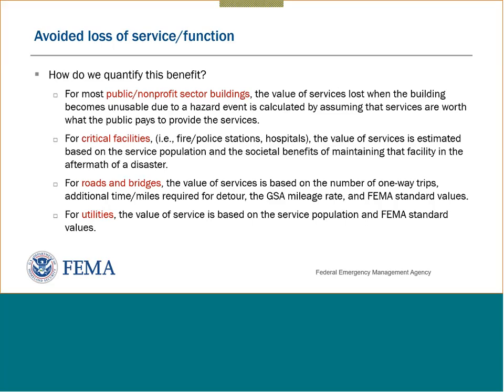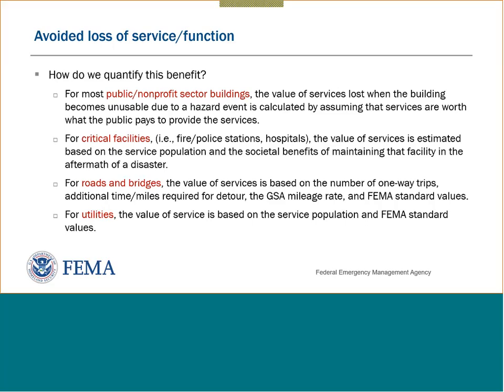It's a FEMA standard value, and from here on out, if you hear me talk about a FEMA standard value, it's something that we have calculated and provided in the tool. You do not have to provide any sort of documentation or justification for using a FEMA standard value.